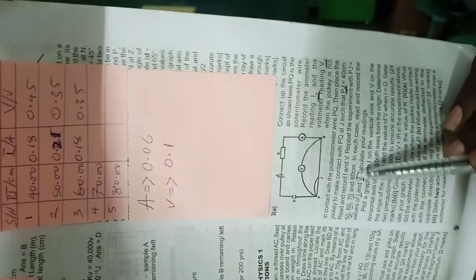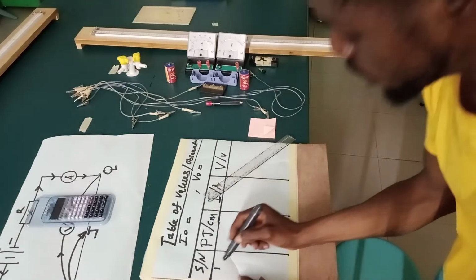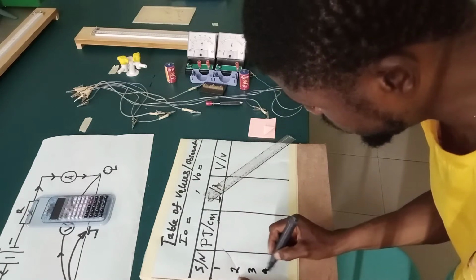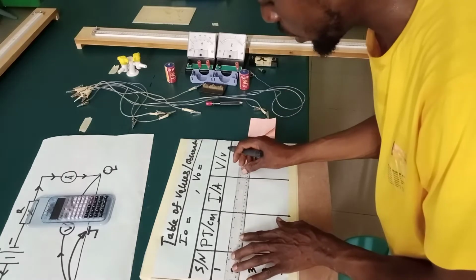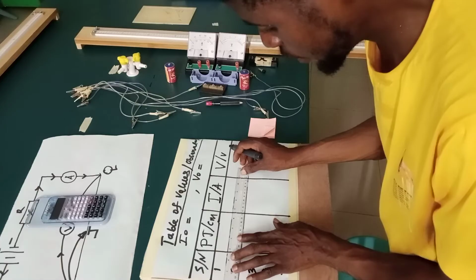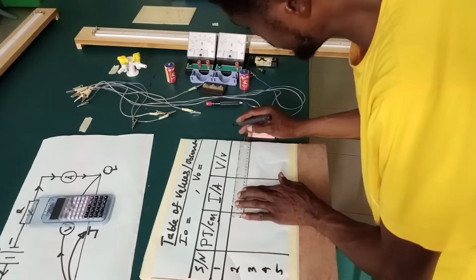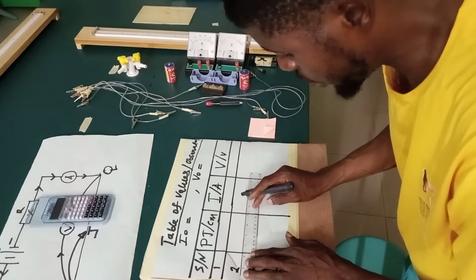This is 4. This is 5. It means that we are going to run the experiment 5 times. So you draw a straight line here. You draw another straight line here.